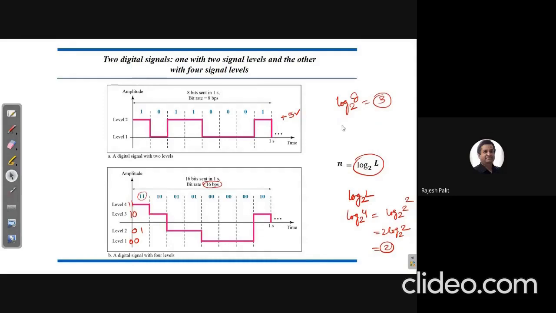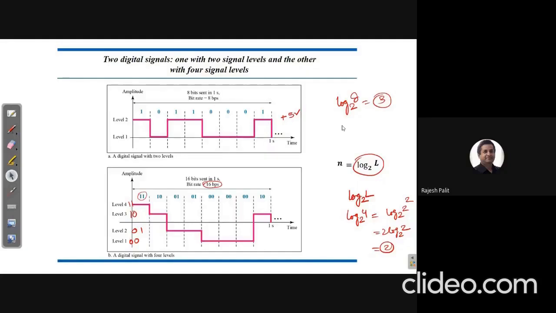How many levels we can use in the system depends on a lot of things, and we will discuss this later on. We cannot just use 256 levels, or 1024 levels, or 128 levels. There are certain limitations. We cannot just use the number of levels as we wish.